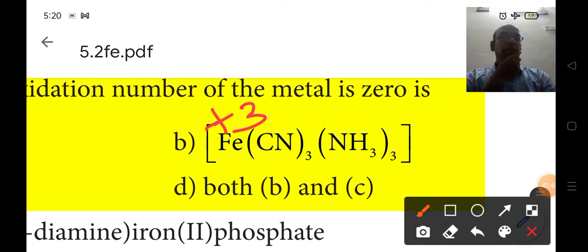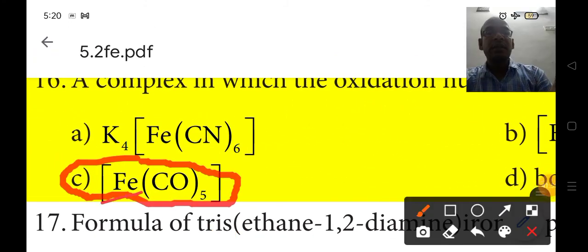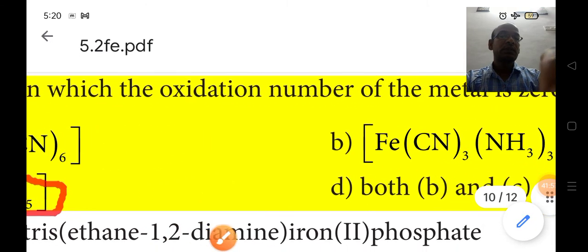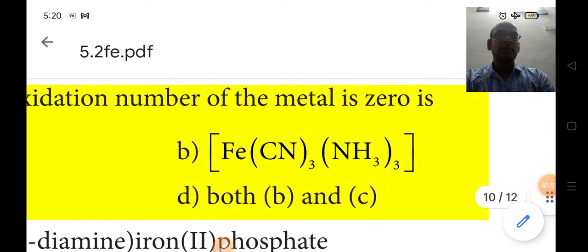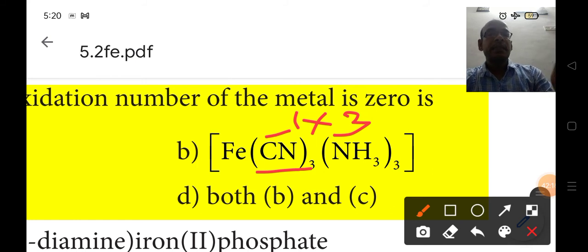But in this case, the central metal ion oxidation state is 0. Here, minus 1 into 3. Central metal ion oxidation state is taken as X.